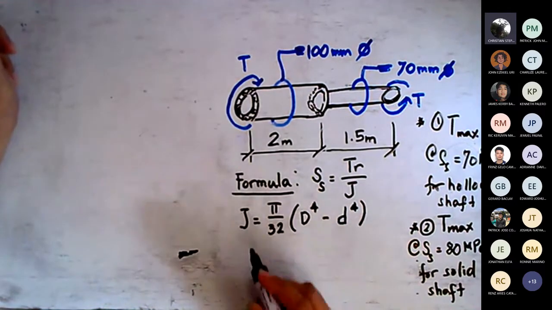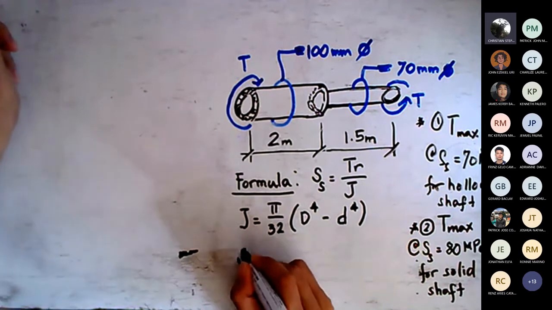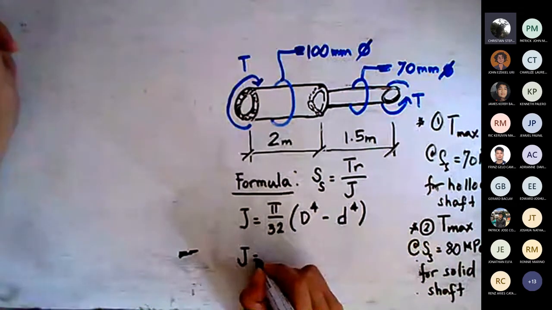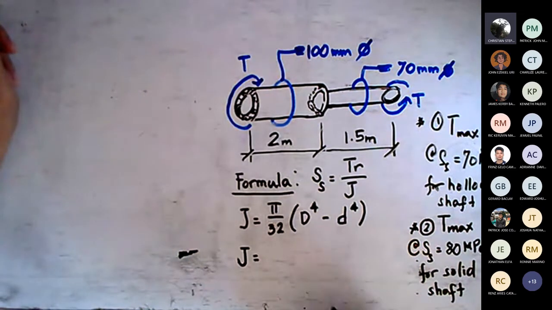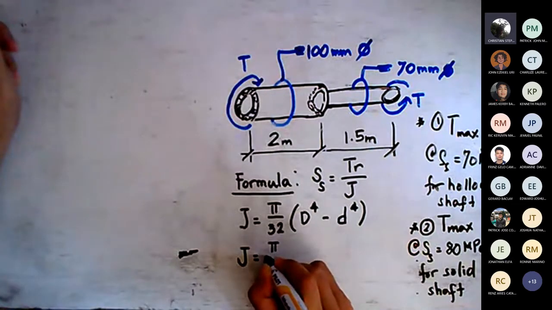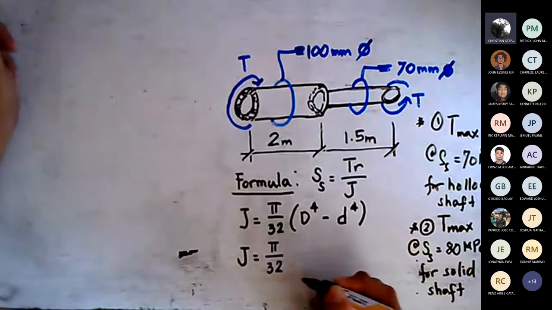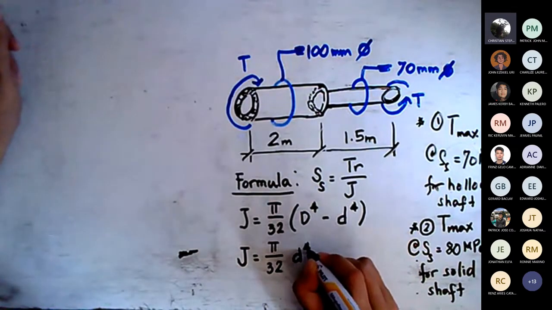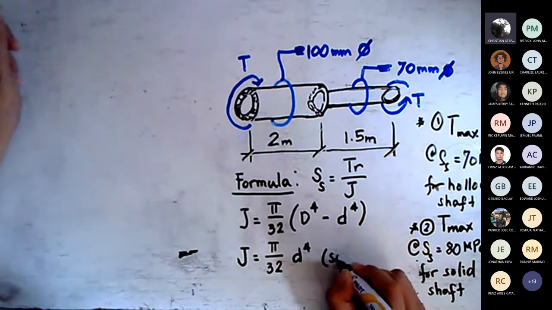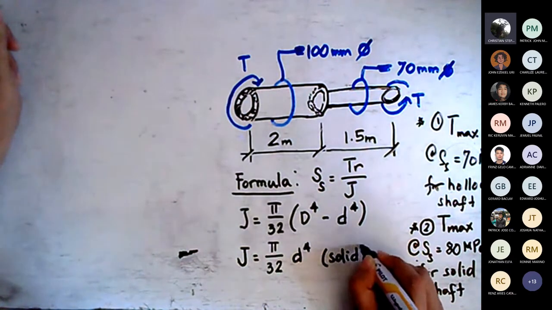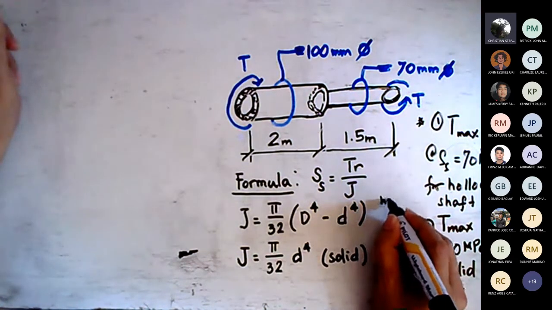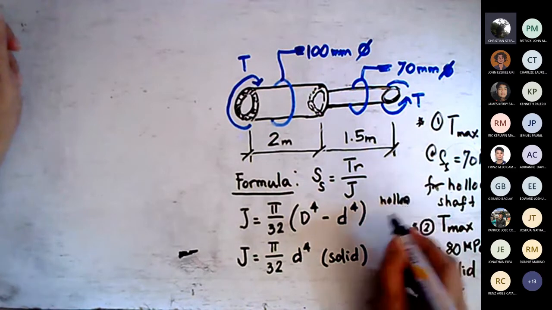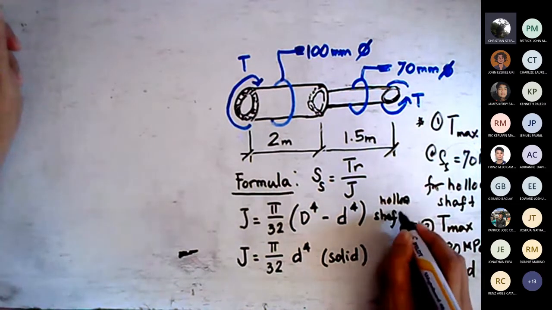This is for hollow shaft. Yung value ng polar moment of inertia natin, kung solid, will be pi over 32 times D to the fourth. So this is for solid. This is for hollow shaft.